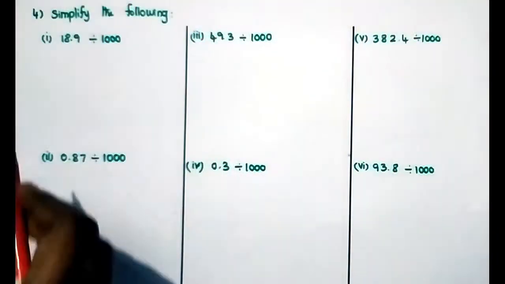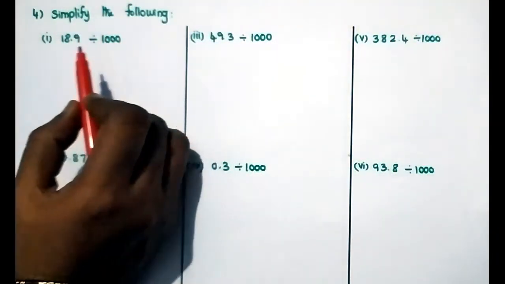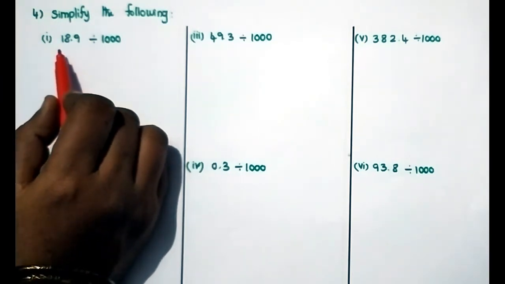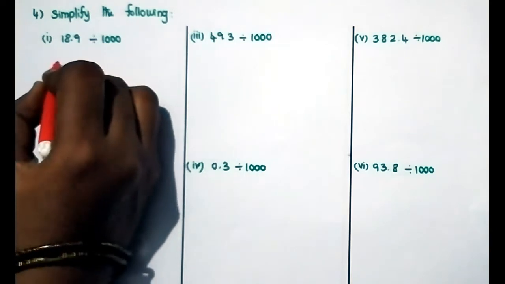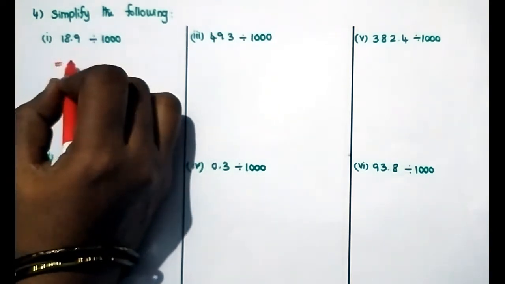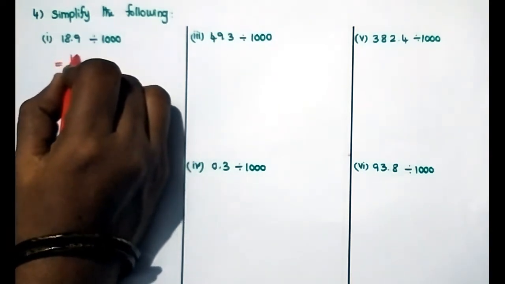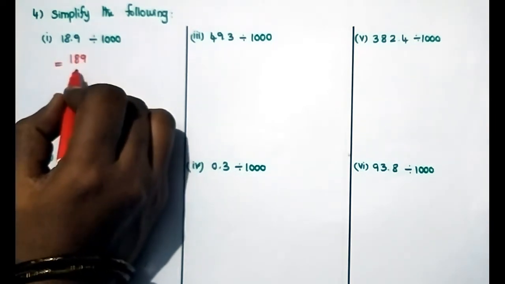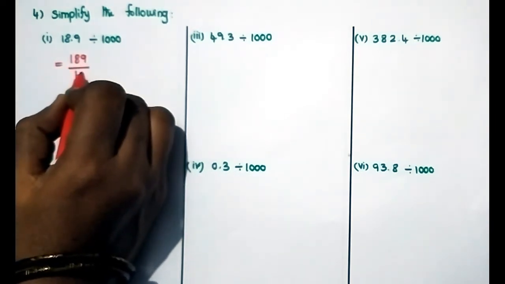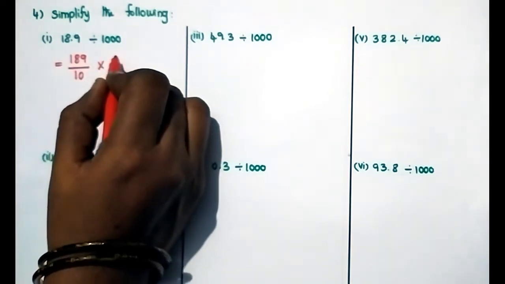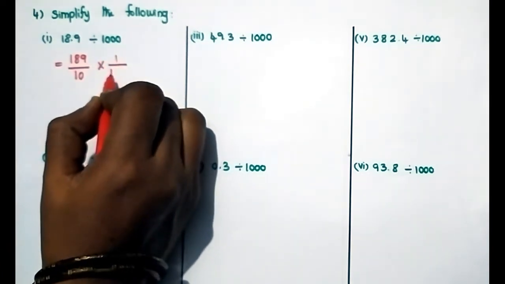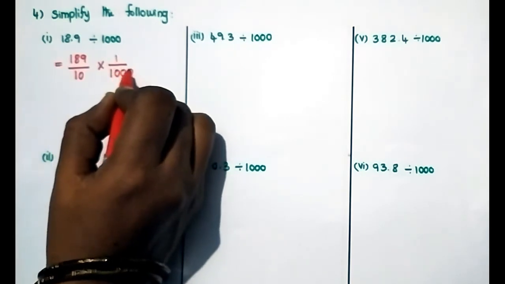Fourth sum, simplify the following. First subdivision, 18.9 divided by 1000. Write down in fraction: 189 divided by 10 into, take the reciprocal for that, so 1 by 1000.